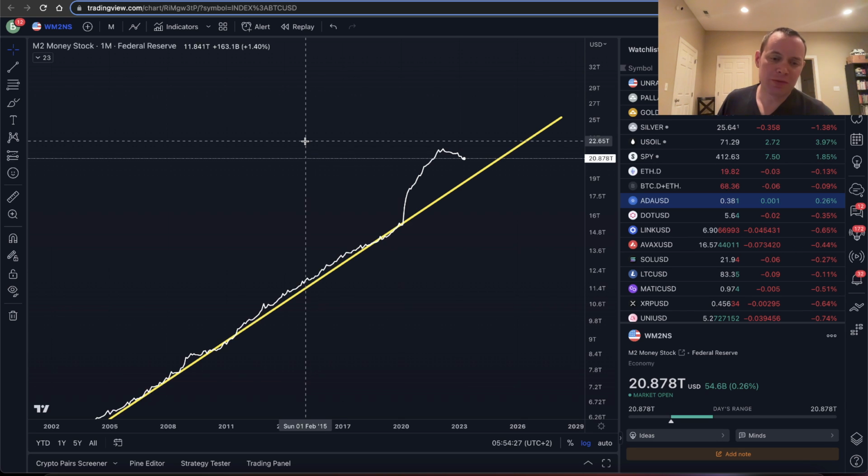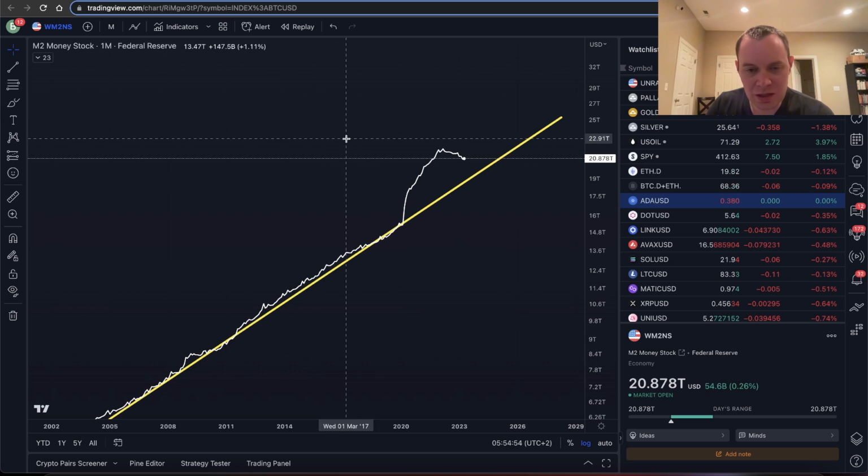Okay. Now, if it's going back to trend, does that mean you necessarily need to see assets respond in kind? One of the things I've said, again, is that I think it will provide a headwind for risk assets until you see this reverse course, or at least maybe just before it reverses course and goes back in the other direction.